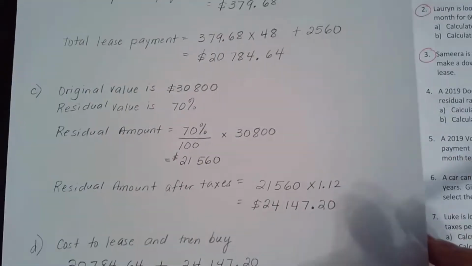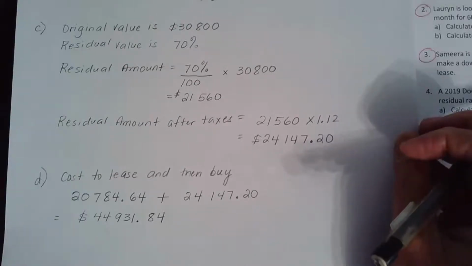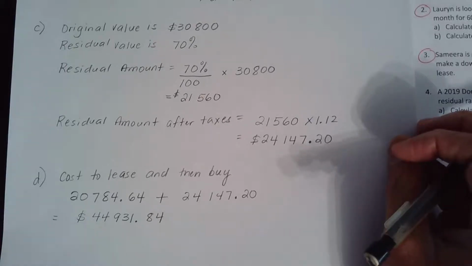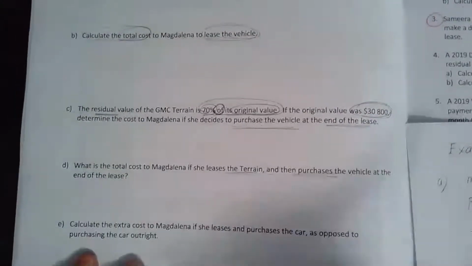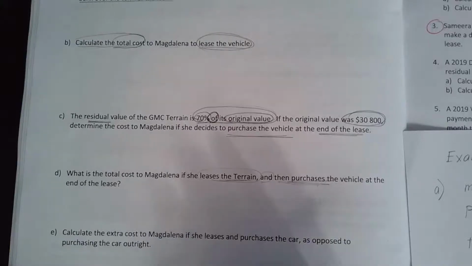So comparing those two, it seems like leasing the vehicle and then eventually buying it afterwards would be a higher cost. Calculate the extra cost to Magdalena if she leases and purchases the car as opposed to purchasing outright.